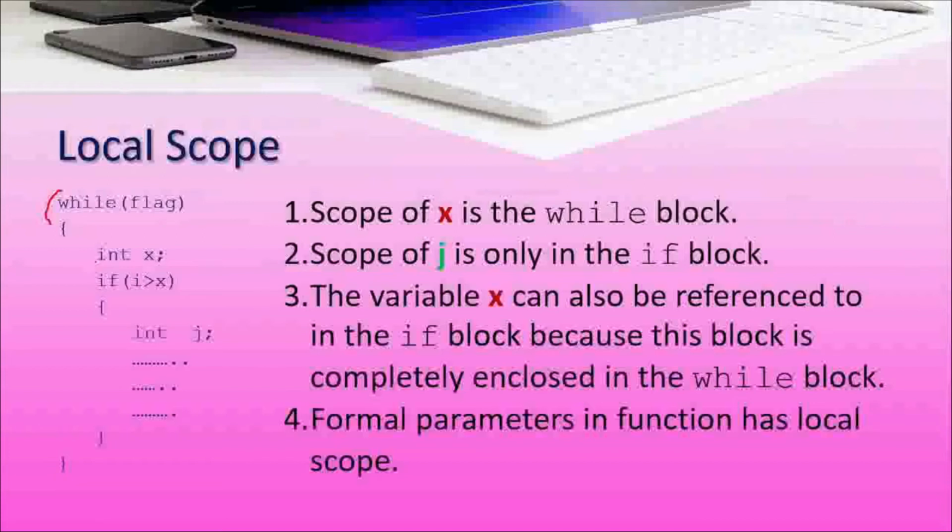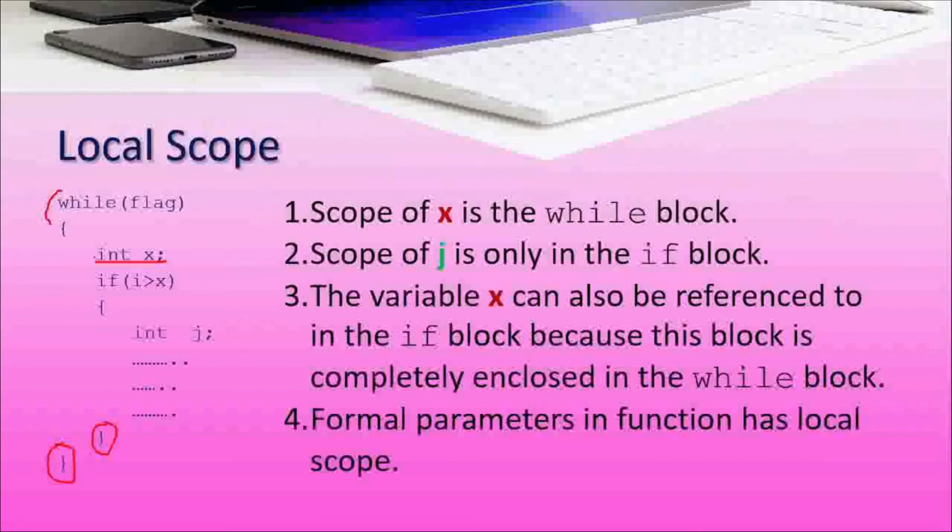So int x, we are defining an int x, and if i is greater than x, some variables, we don't know what i is, then another curly brace starts. Int j, some other code is also there. Then the curly brace for if i is greater than x closes, and here the while loop also closes.